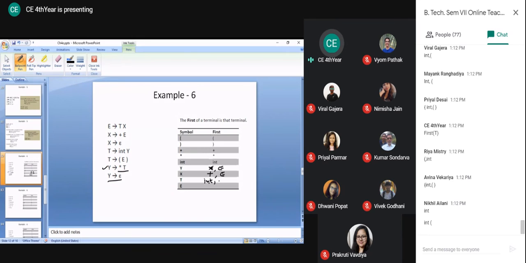Don't consider it as only I. First of t will be int and opening parenthesis. From this, we are getting this int, which is a terminal. Why is it a terminal? Because it is not used as a non-terminal. And from this, we are getting opening parenthesis. So we have opening parenthesis and integer.